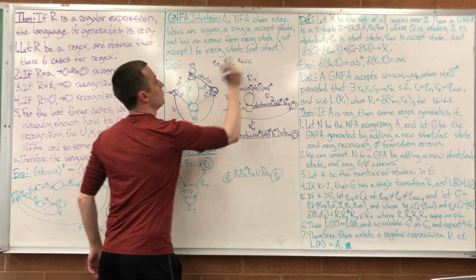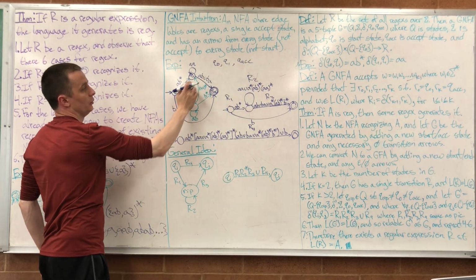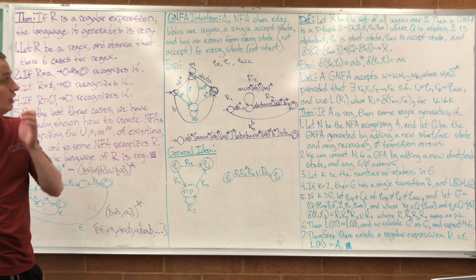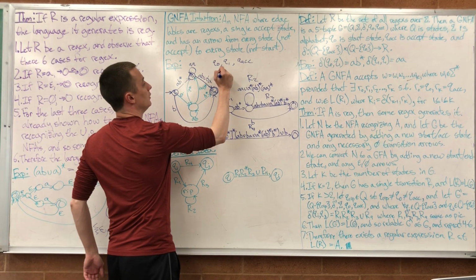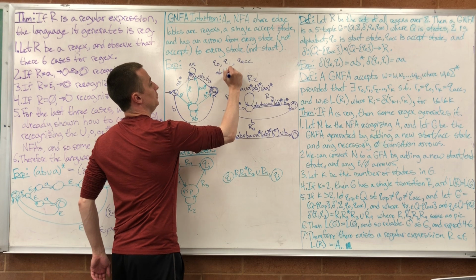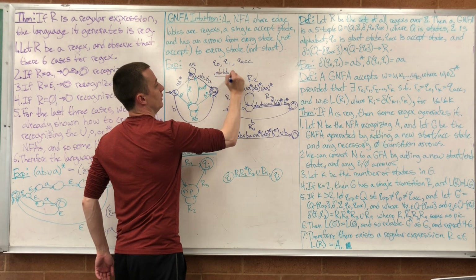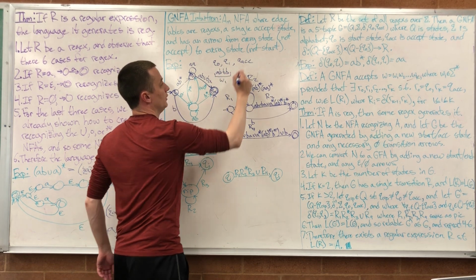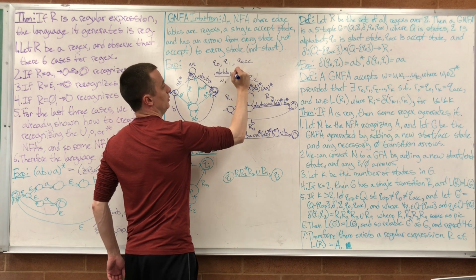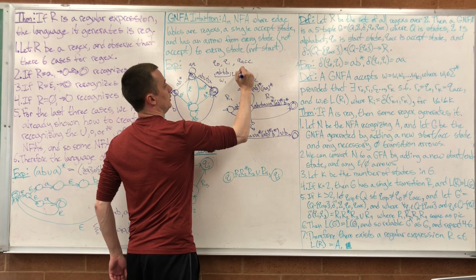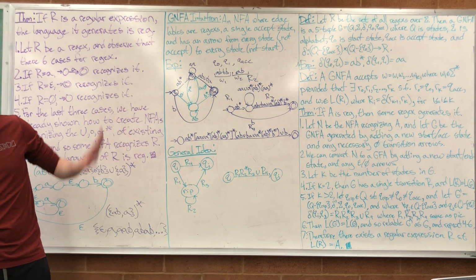Going from Q naught to Q1, we're going to generate the string A, B, B, B. So this right here is going to be W1 in our proof. And then in going from Q1 to Q accept, we're going to generate the string AB. So this will be W2 in our proof. And our string will only be split into two pieces.